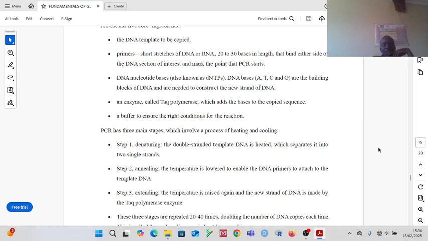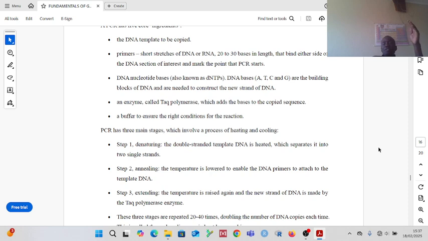So you have denaturation as the first stage, annealing as the second stage, and extension or elongation as the third stage. In denaturation, you heat. Why are you heating? So that you change what was initially double-stranded to make it single-stranded. Heating breaks the hydrogen bonds. After you've done that, you anneal.